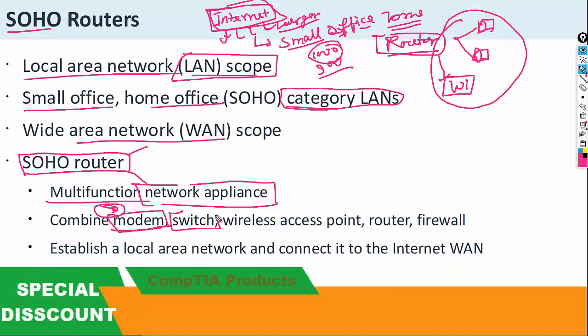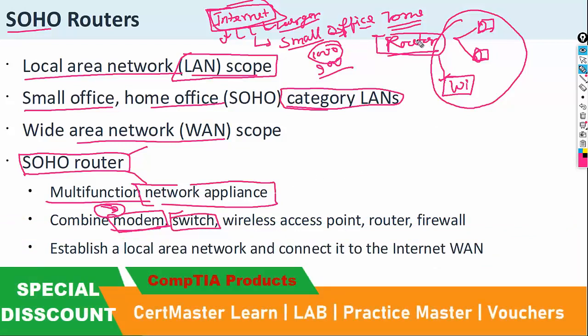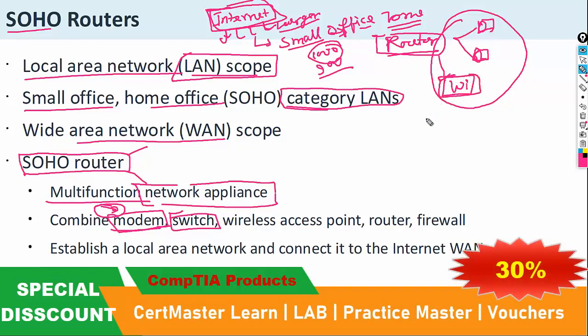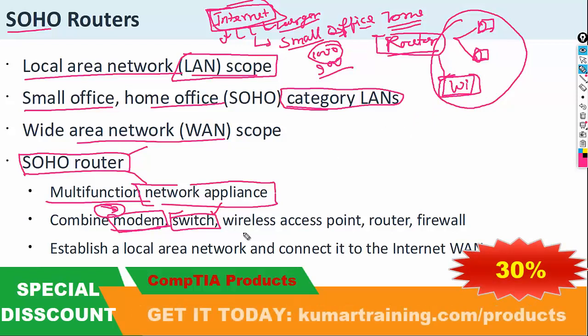It is also a switch. Why a switch? Because multiple devices are connected through the LAN card as well as the wireless interface card, so they can communicate with each other. They are working as a switch.